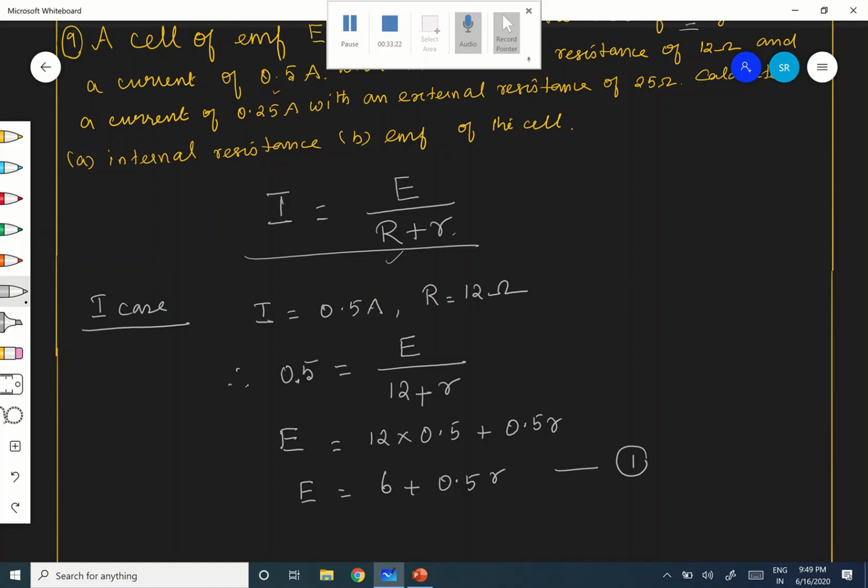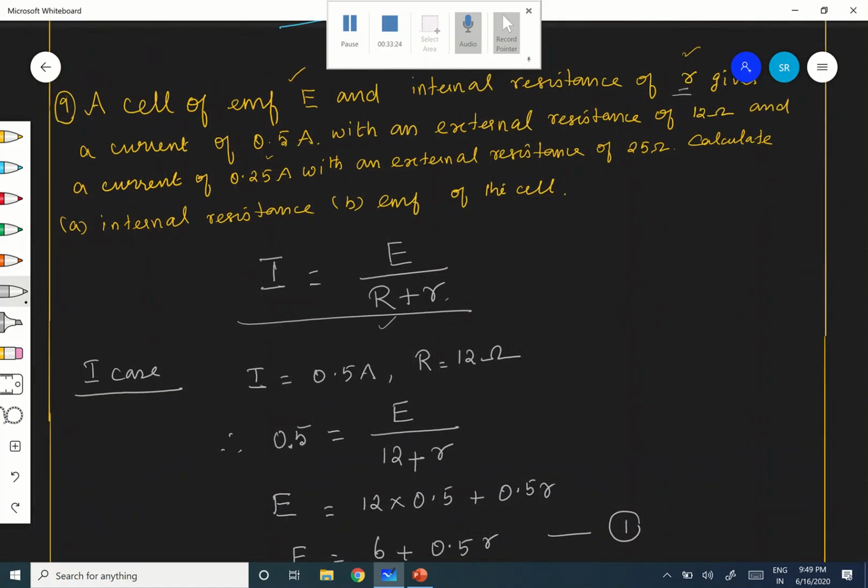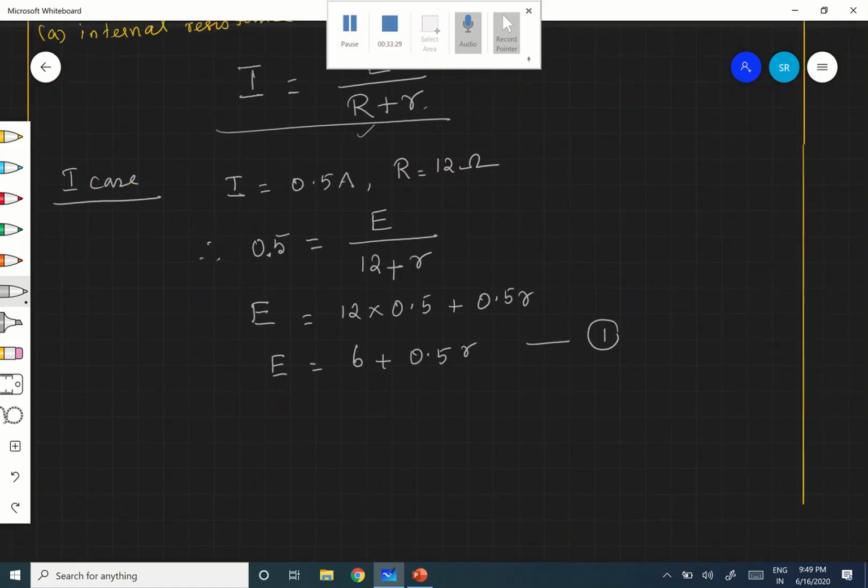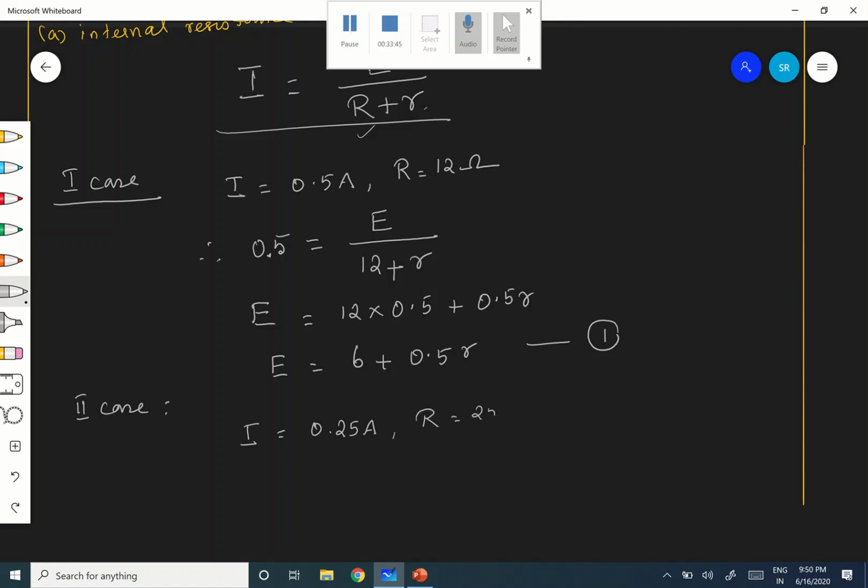In the second case, we have a current of 0.25 amps with an external resistance of 25 ohm. So the current I is equal to 0.25 amps, and the external resistance is 25 ohm, it is given. Once again, 0.25 is equal to E divided by 25 plus r.